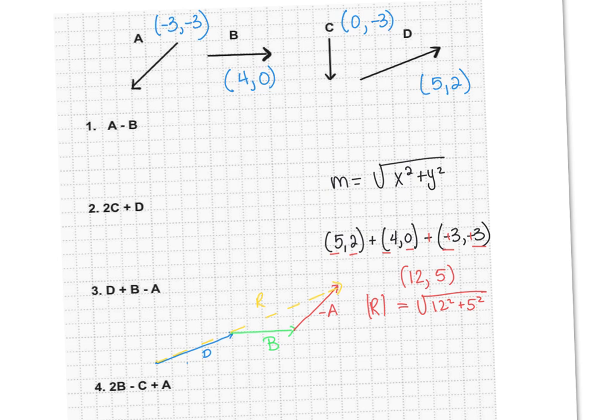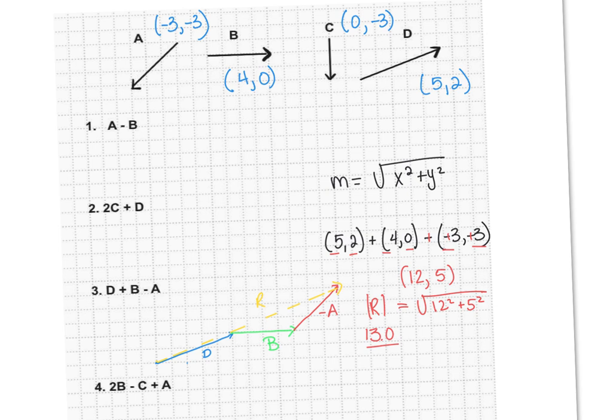Now remember, if one was negative, you can actually ignore it because in your calculator, if you square a negative, it's positive, right? So you don't have to worry about putting your negatives in when you're calculating magnitude. It's going to come into play when we talk about direction. But for magnitude, the square is going to be positive always. So what do you get when you calculate that? Rounded to one decimal place, 13 looks like that, but that's fine, 13.